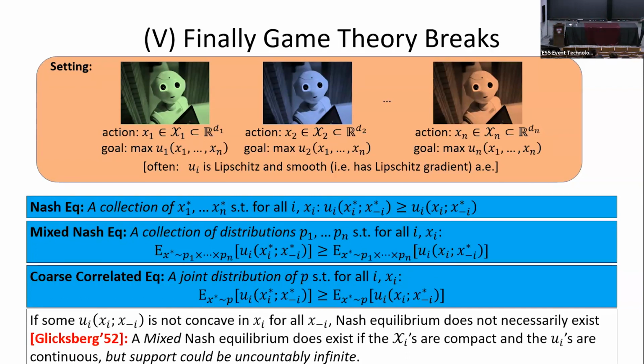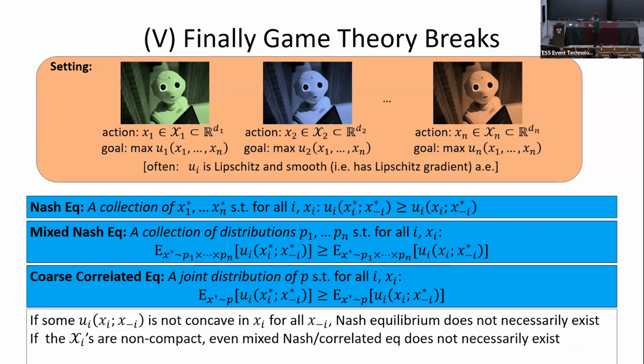The problem from a practical point of view is that the support of P1 and P2 and so on is going to be continuous in general. It's not a practical suggestion. And finally, if the Xi's are non-compact, you lose this again. Without compactness, this is not true. You also lose the second kind of equilibria.